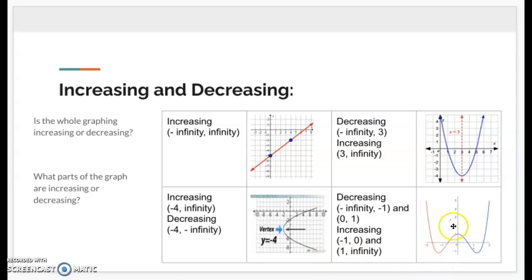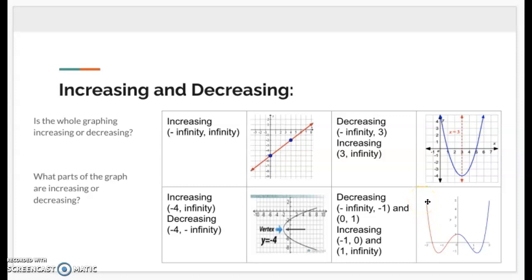My last graph here, I notice there's a bunch of level changes. This red part from here to here is going down, but then this red part from here to here is going up. Then this blue part is going down, and then it goes up. So I notice there's 1 decreasing, 2 decreasing, so I need to say both of those. Right here, these are my negative numbers.